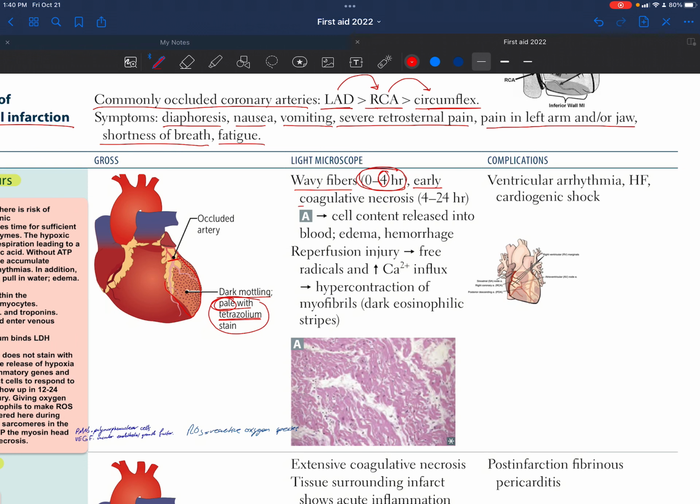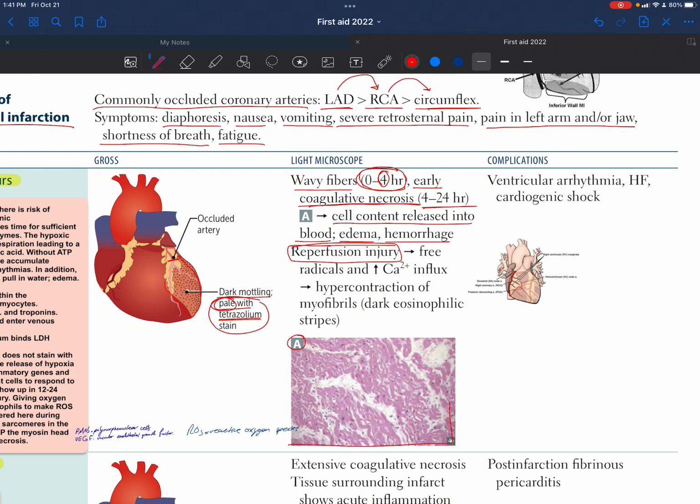But it also develops early coagulative necrosis, from hour 4 till 24 hours, and it's in the histological image here in photo A. What happens is that the cell content is released into the blood, because the infarcted cell is dying, so there is some kind of dissolution or degradation. It would also lead to edema, that is the collection of fluid into that place, and then hemorrhage, of course.